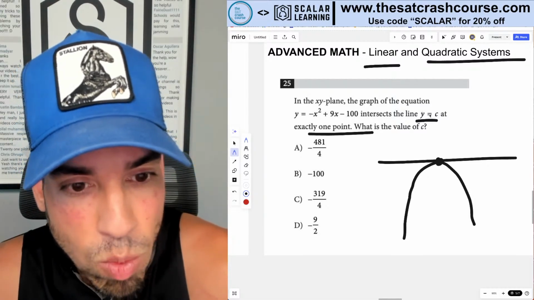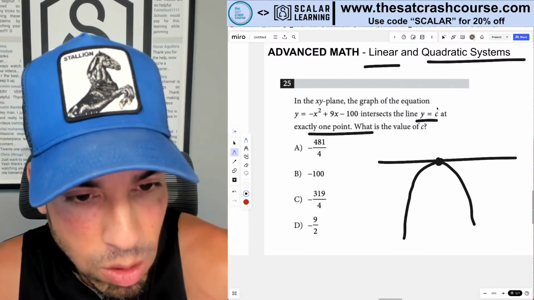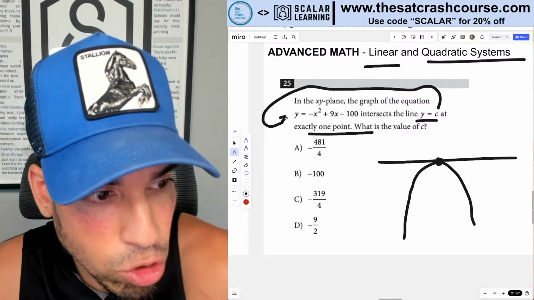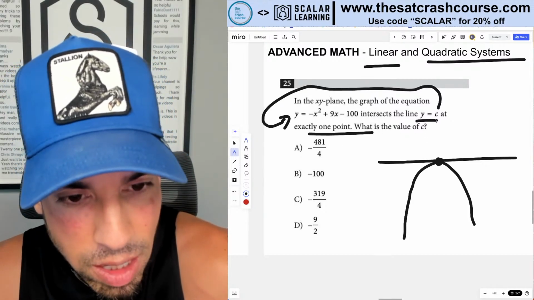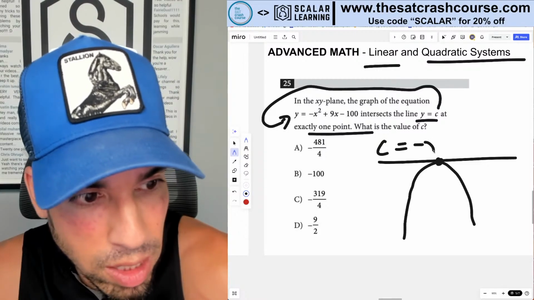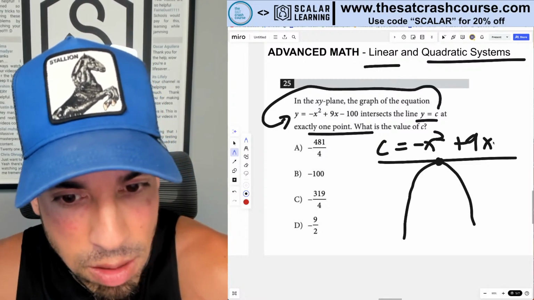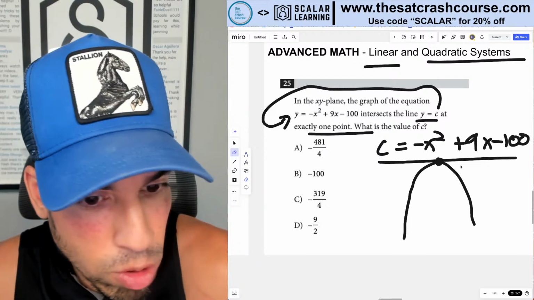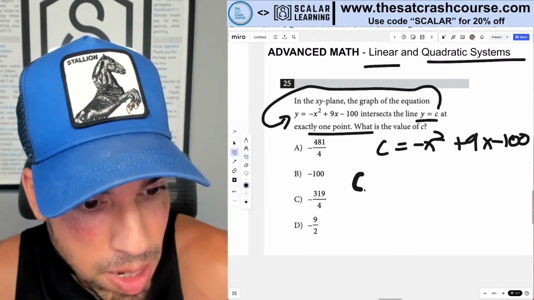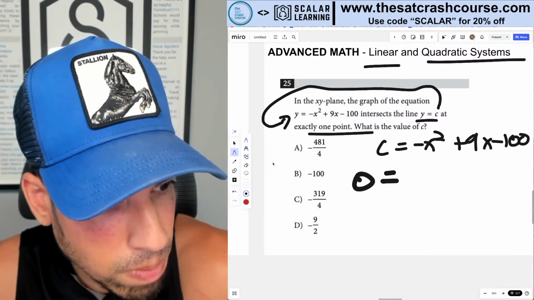They're saying y equals c and this are intersecting at 1 point, so let's do a little substitution. That's usually the play for systems of any kind. We'll say c equals negative x squared plus 9x minus 100. To get the discriminant, we set everything equal to 0, so I'm going to minus c from both sides. Oops, hold on.